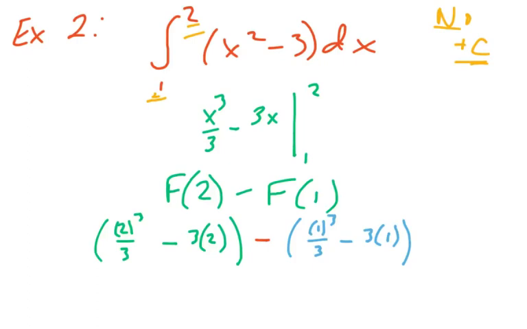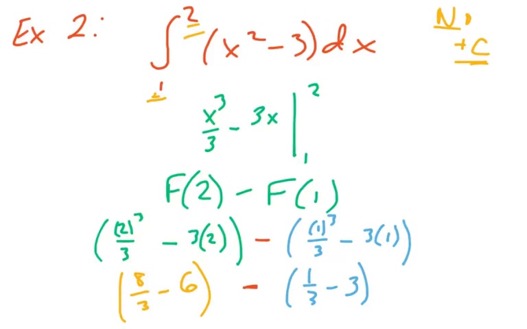All right, so let's start on the left. 2 cubed: 2 times 2 is 4, times another 2 is 8, so 8 thirds, minus 6. And then I've got this subtraction, and I'm going to have 1/3 minus 3. So I've got the left side and the right side.